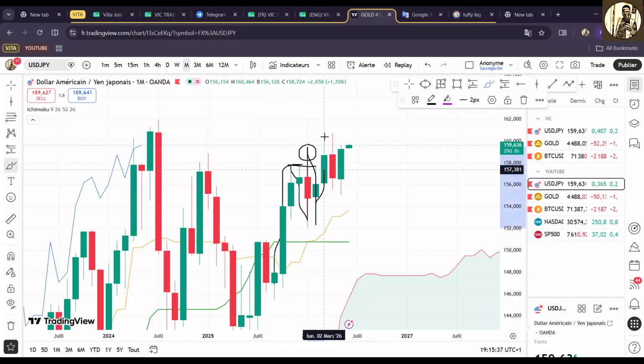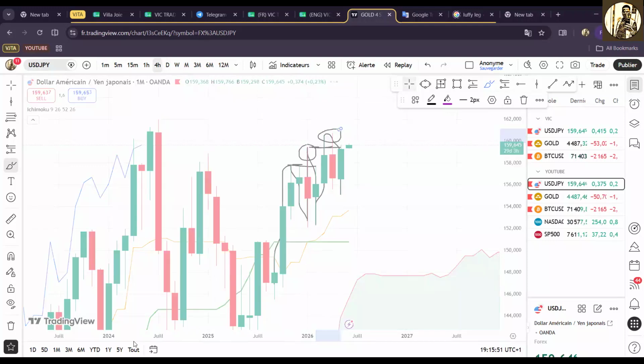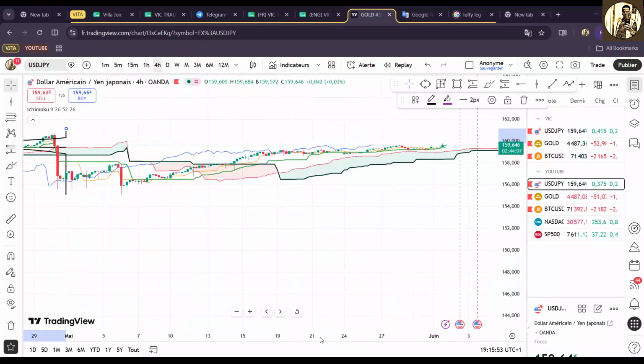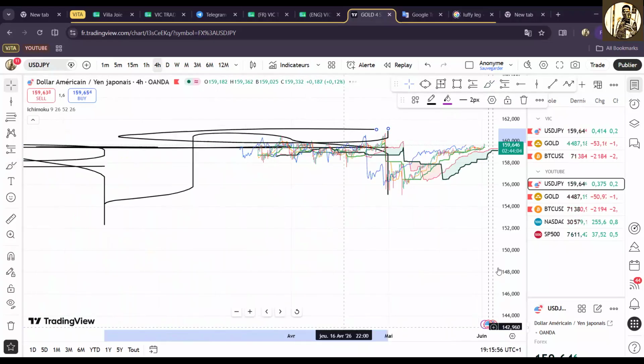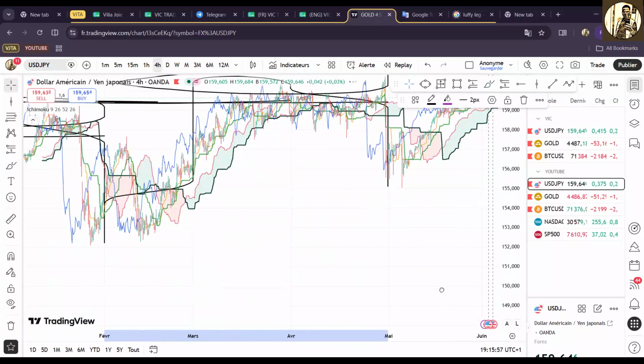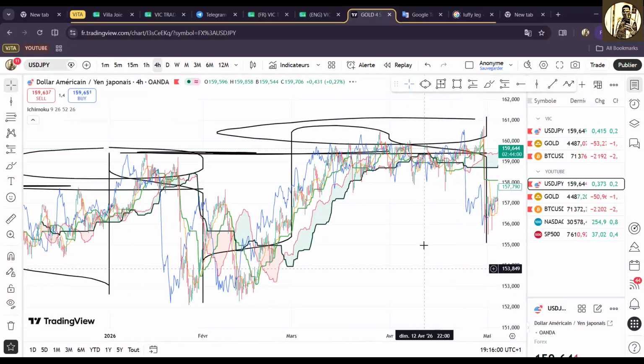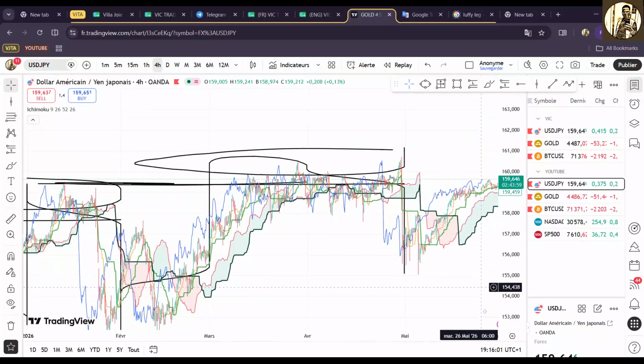Even this other one, even above this other high, you will see 1, 2, 3 TK cross on H4. We can just go down on H4 and spot it, right? That's how you see that the market wants to reverse, when you see that there is no more strength to the upside.